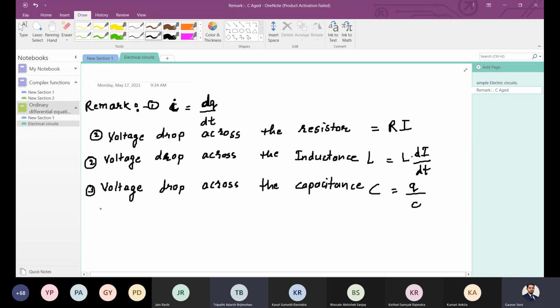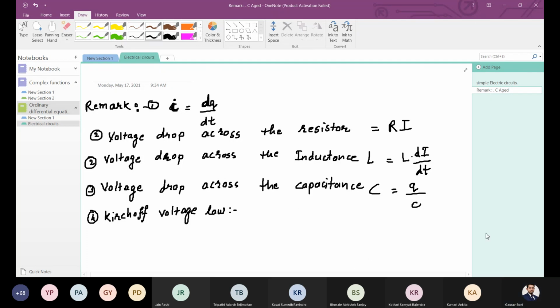And the fourth remark that we want to recall is Kirchhoff's voltage law. This you may have seen in LADC in the applications of matrices. There you may have recalled this.